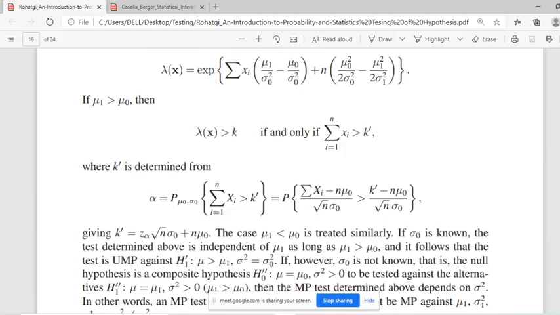And compare with that, this set is greater than that set alpha. So we can compare that. So we can see that this is set alpha. Okay, set alpha is equal to k dash minus n mu naught by root n into sigma naught. So from that we will get k dash equal to set alpha into root n sigma naught plus n mu naught. Okay, so this is the solution.